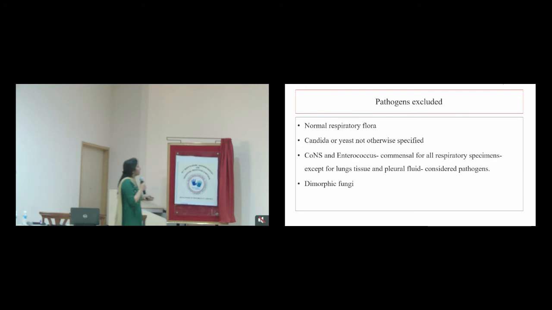Pathogens are also excluded: normal respiratory flora if grown in cultures, Candida or yeast not otherwise specified, CONS and Enterococcus for all respiratory specimens except when grown in pleural fluid and lung tissue specimens. Even dimorphic fungi are excluded from all HAI surveillance.